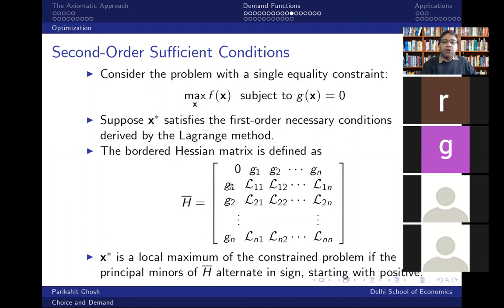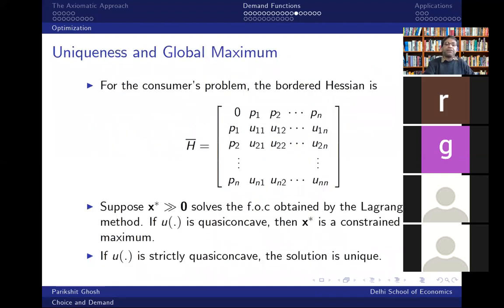And the rows and the columns are the first derivatives of the constraint function, the g of x function. And you have to make sure that the principal minors of this matrix alternate in sign, starting with positive. So I'll just state that and move on, and you can show that if we have a strictly quasi-concave utility function, then this will hold everywhere, not just at the optimum point.